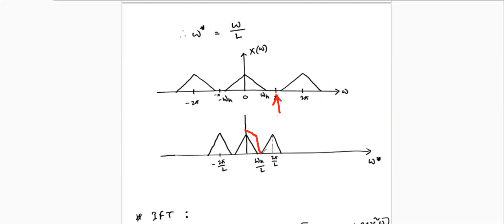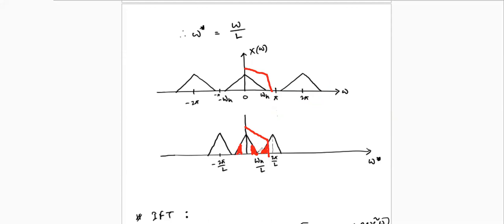Otherwise, you are in trouble. If you want to carry through the same kind of low pass filter here, you are getting some extra signal, which is exactly like this and which is showing here. And that makes the problem.